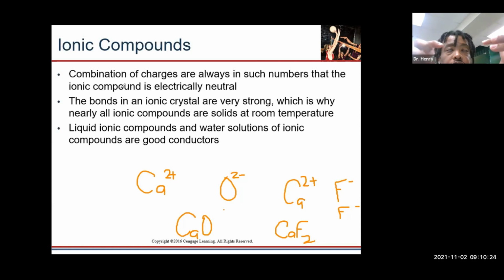Okay, so this attraction, this ionic attraction is very strong. So that means that it takes a lot of energy to get these guys to separate, as long as it's not in water, right? So as soon as we put these guys in water, in some cases, not in all cases, in some cases, these guys will dissociate.